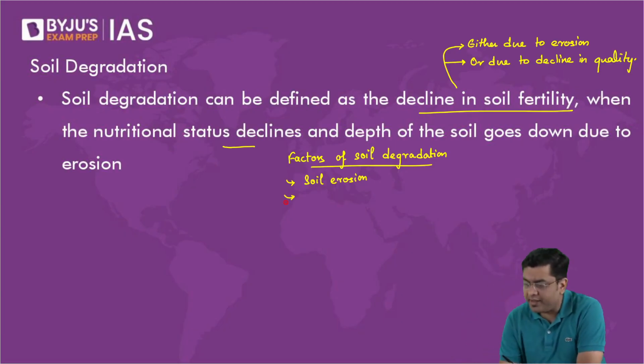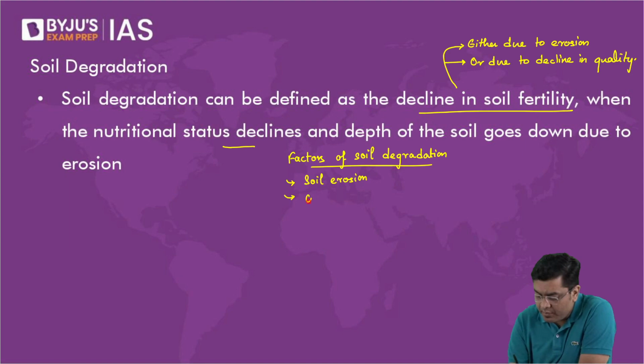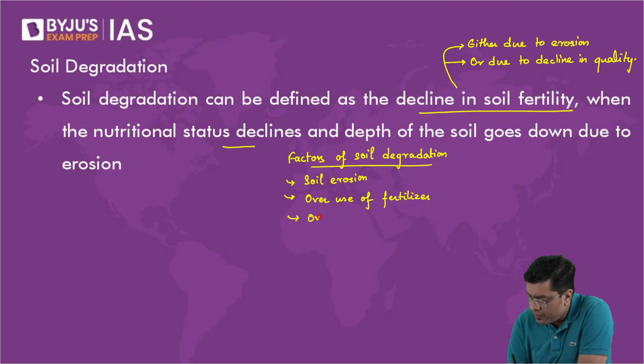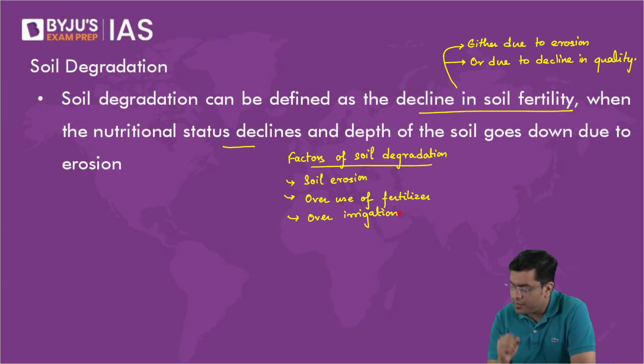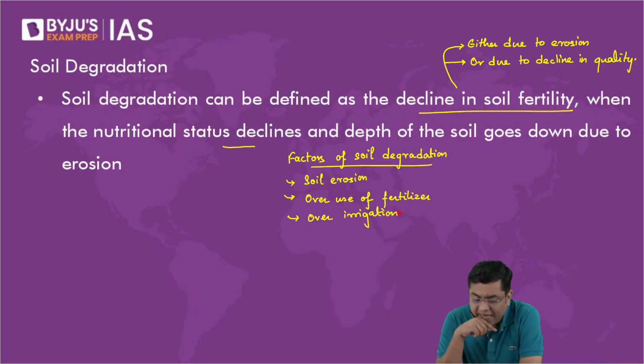Overuse of fertilizer, good. Then over irrigation, good. Then lack of vegetation, that you can write in the factors of soil erosion.